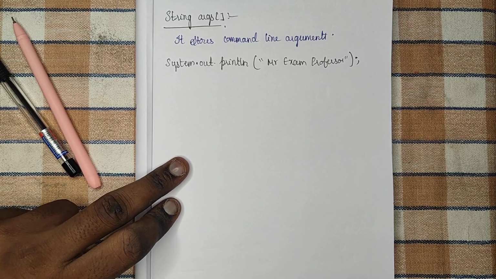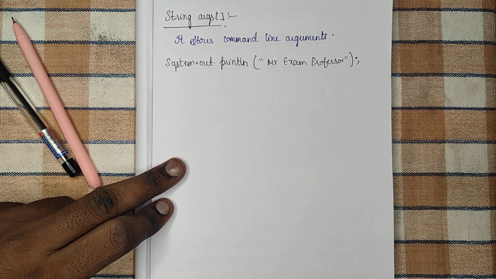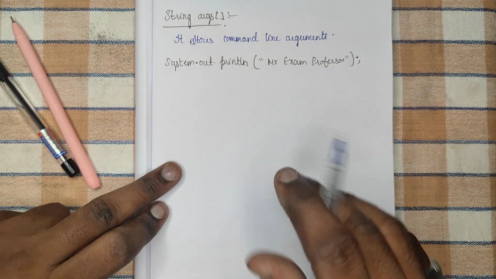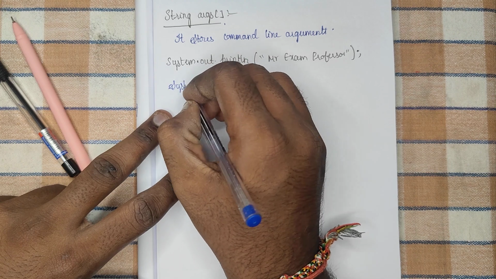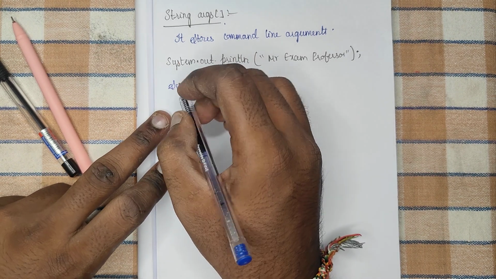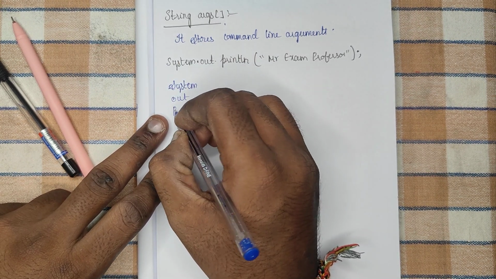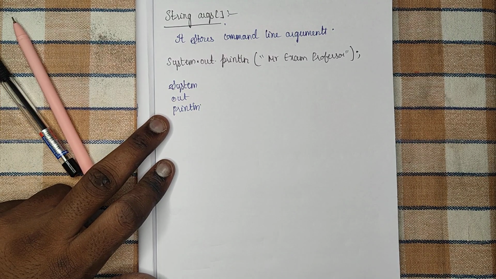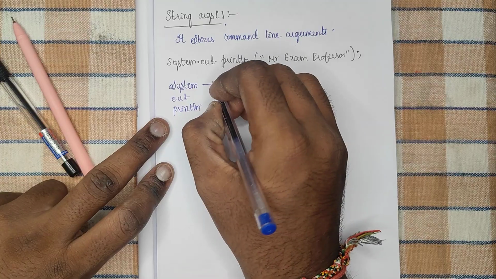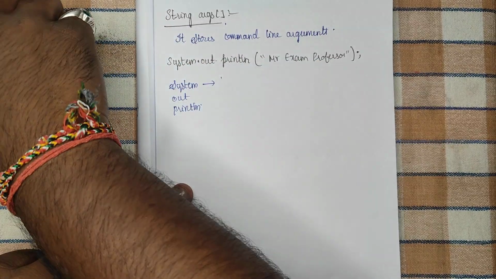How many of you think this is one word? Actually, it contains three parts: System, out, and println. These are the three parts. System means a predefined class.